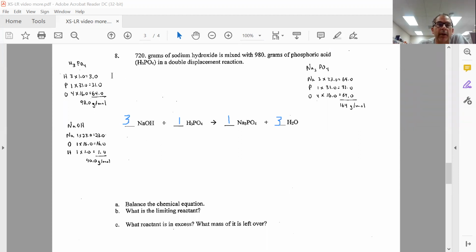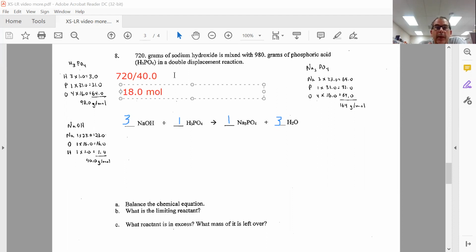I need to calculate that. Okay, I think that's going to be 18 moles. Sorry about that. So I'm going to call this 18.0 moles of NaOH.